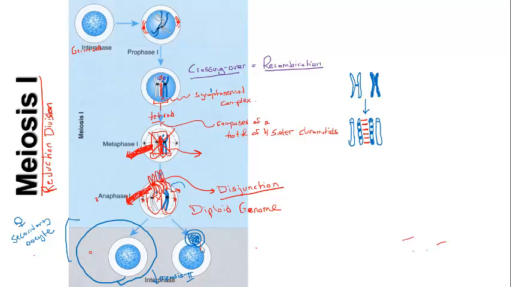The other smaller cell in the female resulting from meiosis I is referred to as the first polar body. It will continue to reside alongside the secondary oocyte.